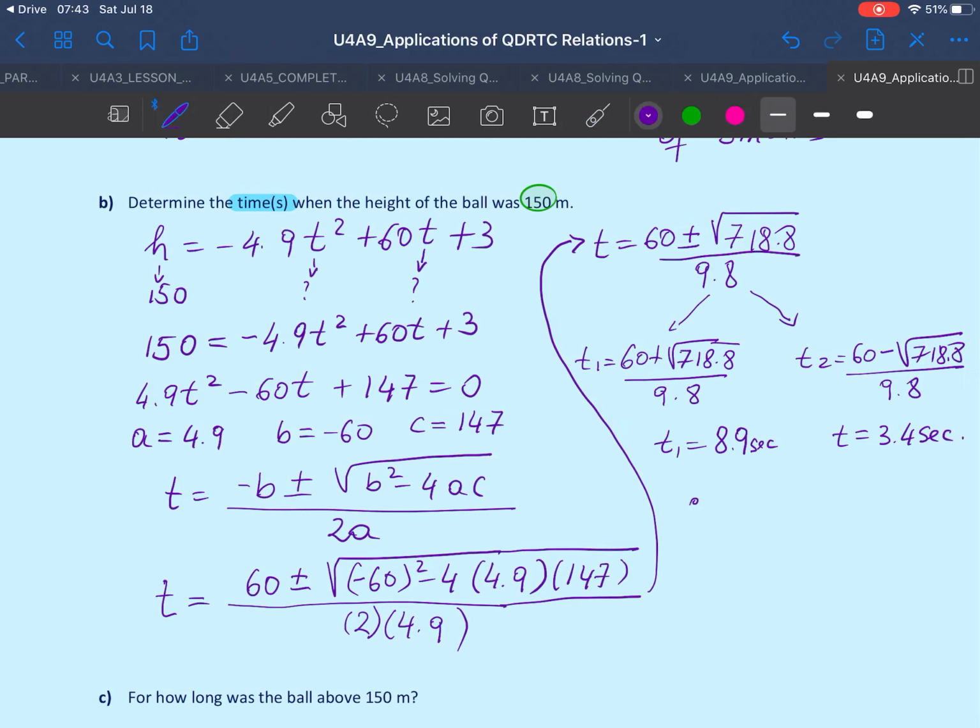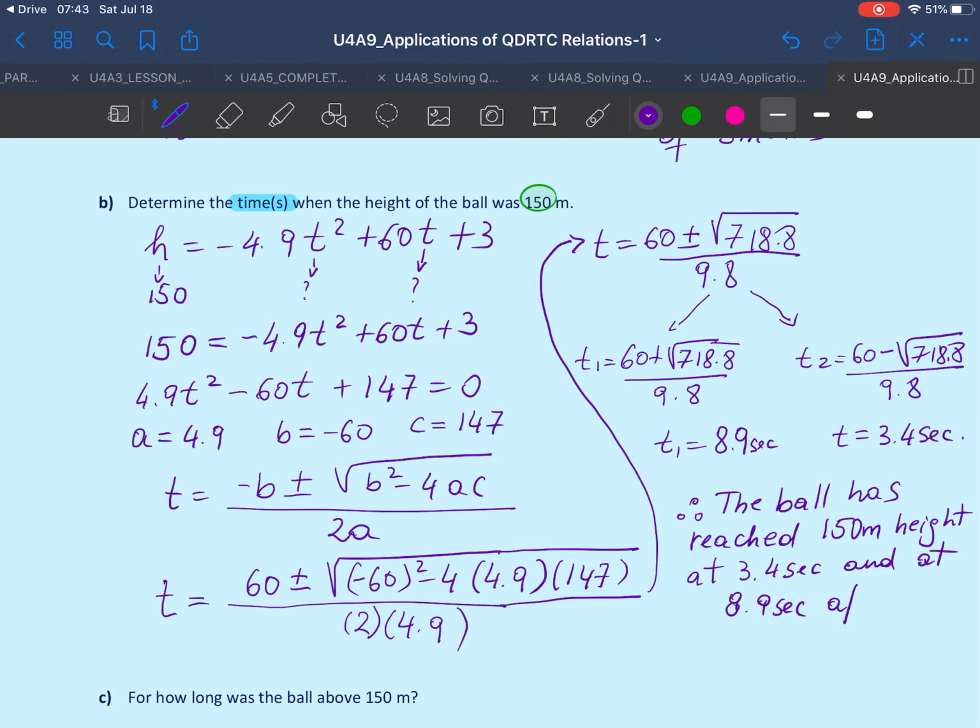So we're going to write the final statement here, and we're going to say, therefore, the ball has reached 150 meter height at 3.4 seconds and at 8.9 seconds after it was thrown. Okay, so that would be the answer.